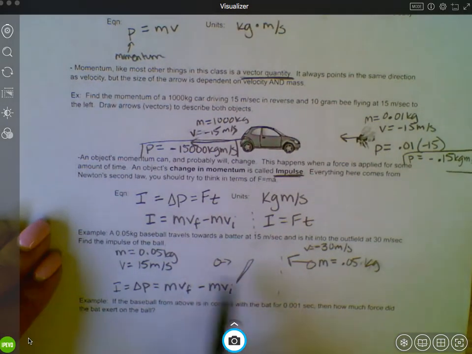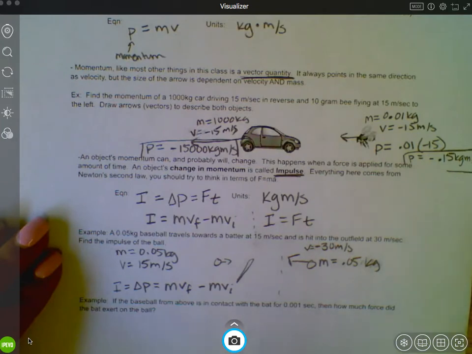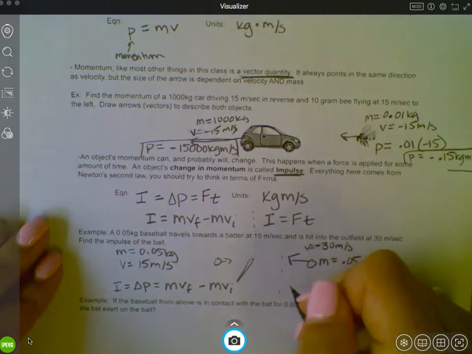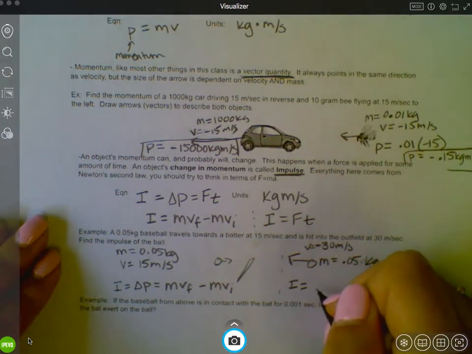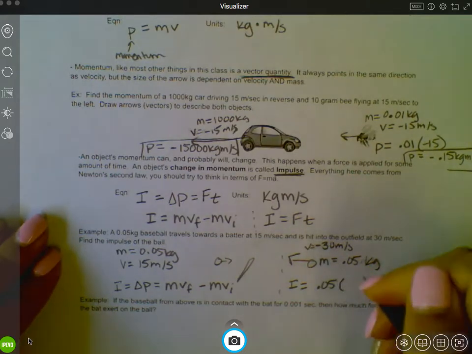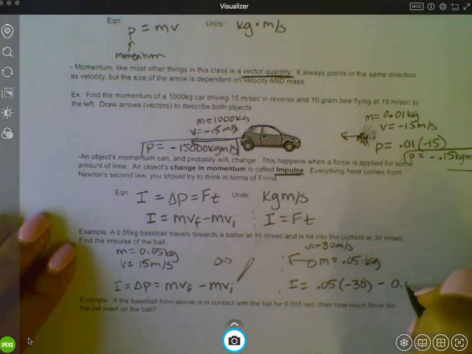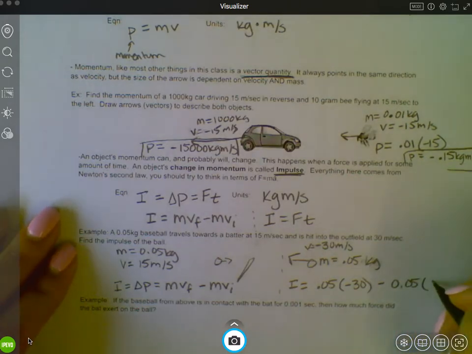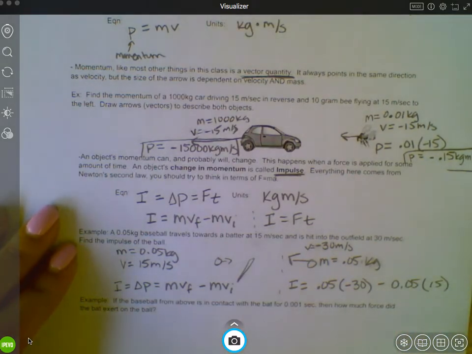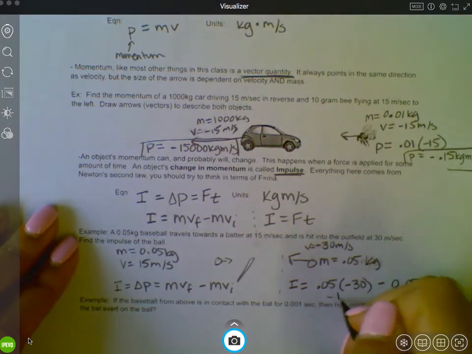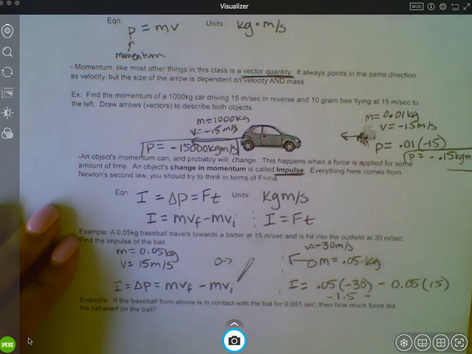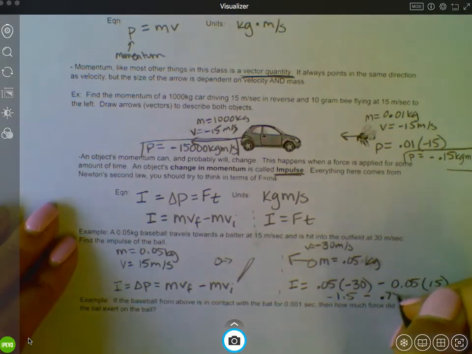So in this case, we're not given the force or the time, so I'm just going to plug into this equation. For impulse here, I have mass, which is 0.05, times final velocity, which is negative 30, minus 0.05 times initial velocity, which is 15. 0.05 times negative 30 is negative 1.5, minus 0.05 times 15, which is 0.75.